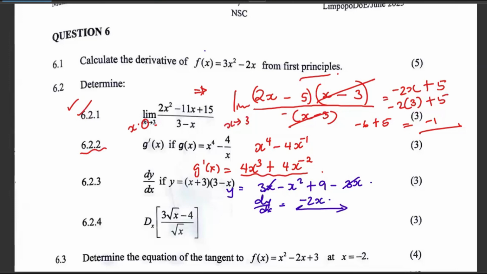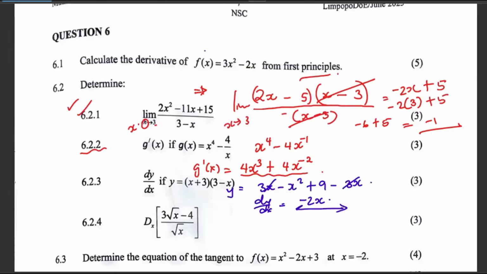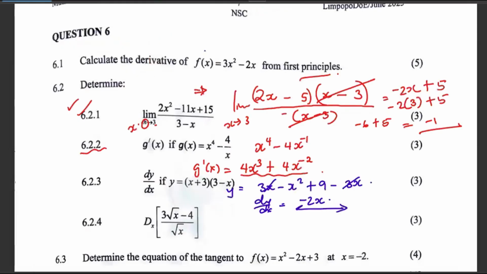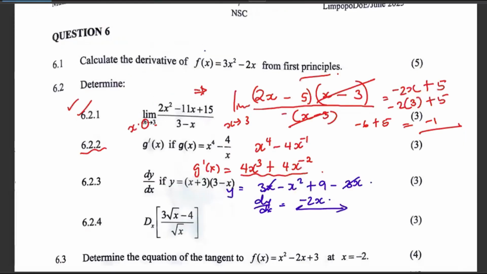And then 6.2.4, I'll put it this side. We're being told that we must look for d/dx of 3 root x minus 4, and I'm dividing this by root of x.